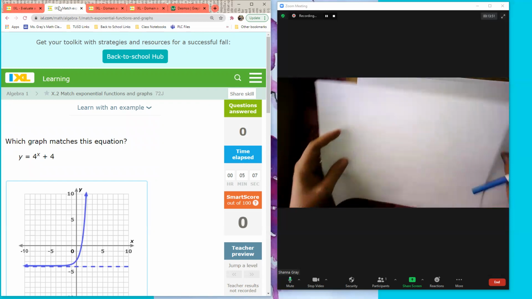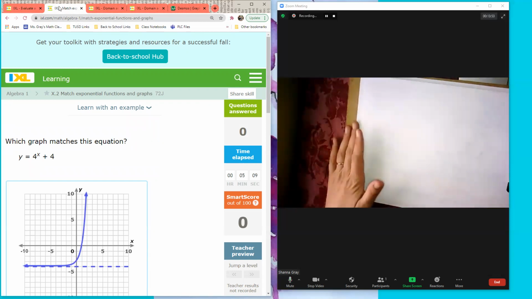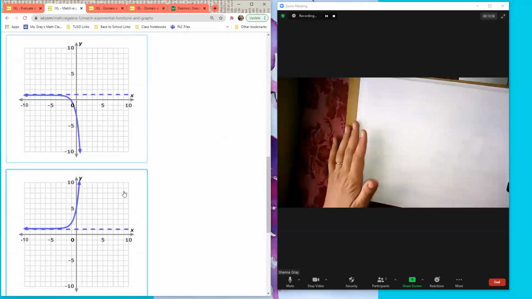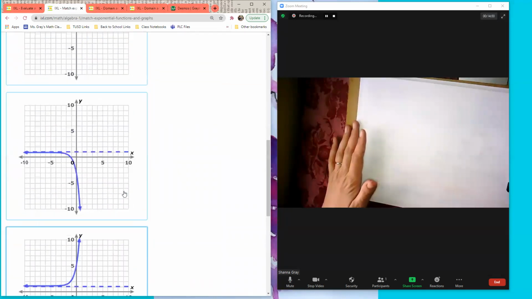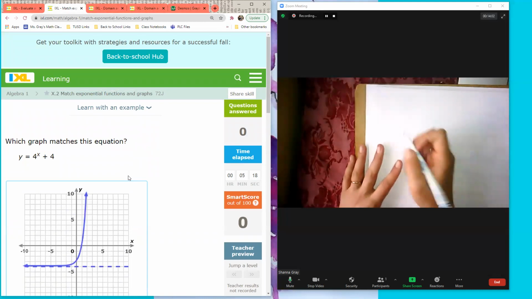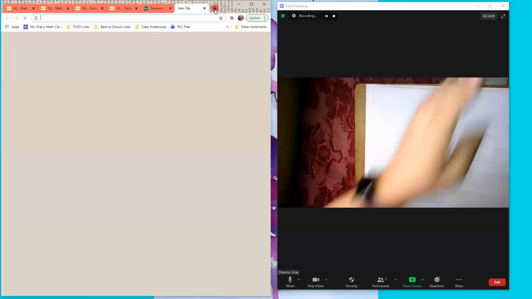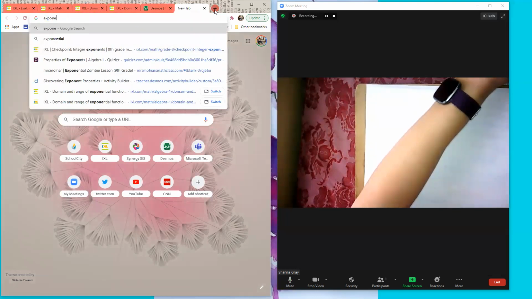Okay, as far as matching the graphs, let's talk about this. So one of the easiest things to do when you're talking about exponential form, actually, let's look it up and see.